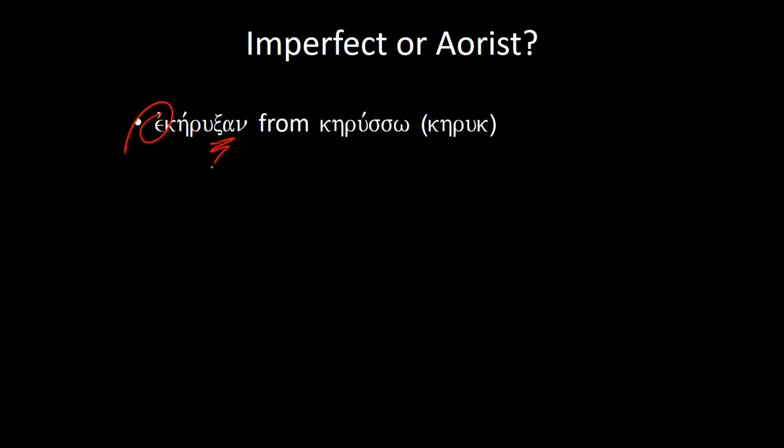Could there be a sigma alpha hiding in there? We've got a kappa plus a sigma alpha, which would equal xi. So that is a sigma alpha. So does that make it imperfect or does that make it aorist? Aorist.